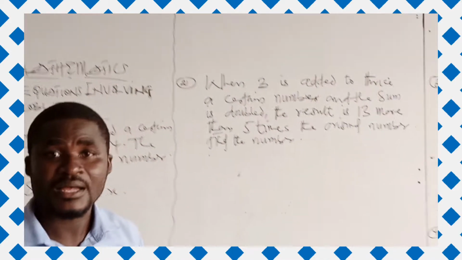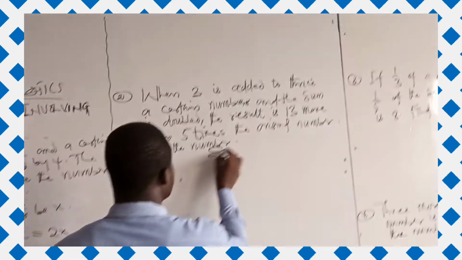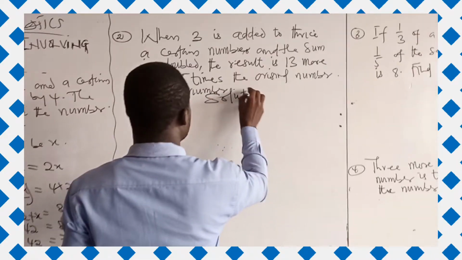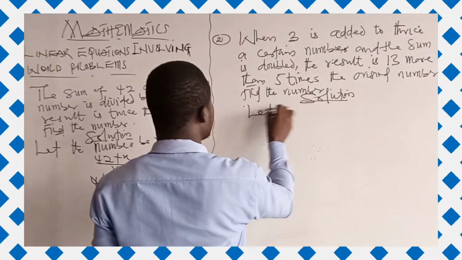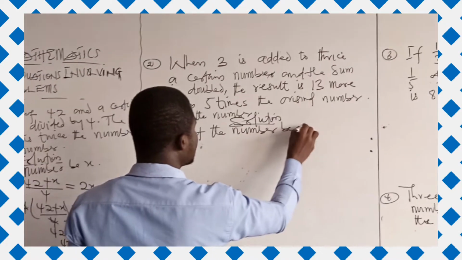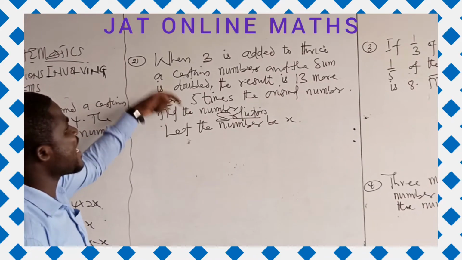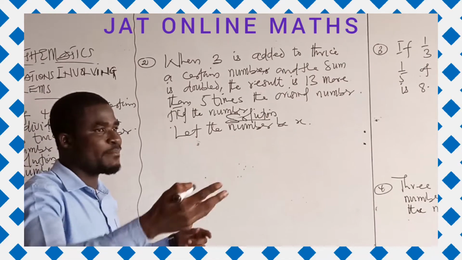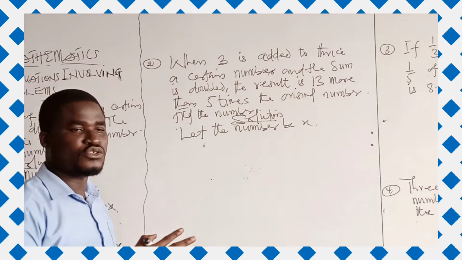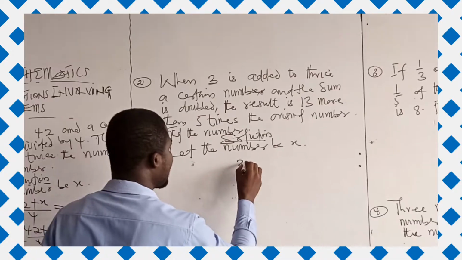Still, we don't know the number. So let the number be X. When 3 is added to twice a certain number, the certain number is X. So twice a certain number, so I'm going to have 2X.